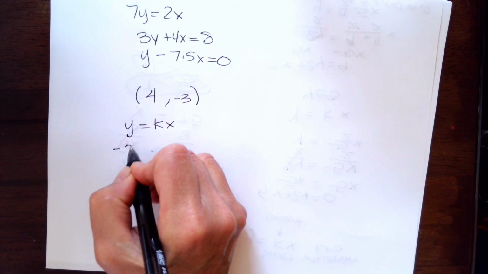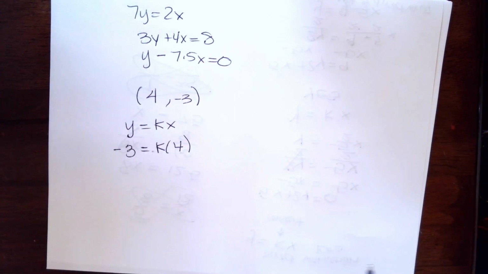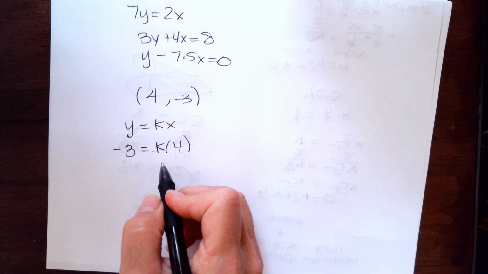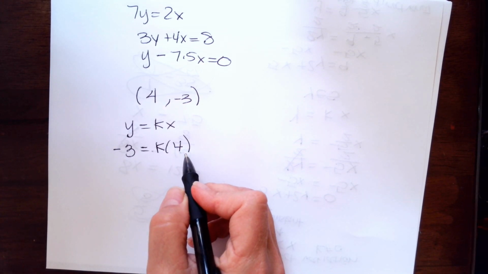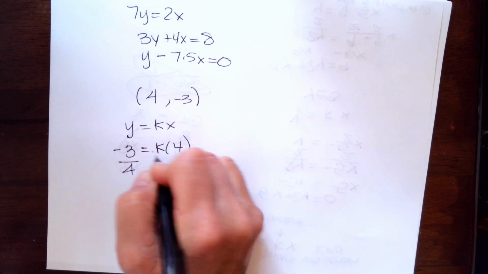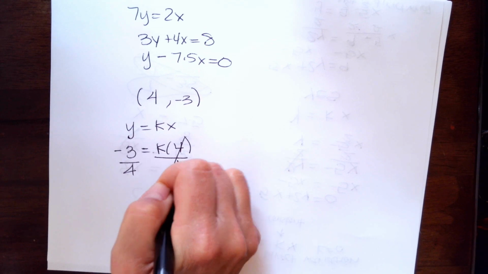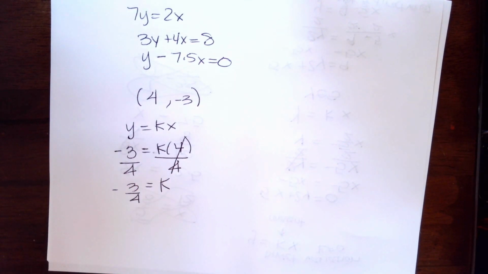So this is negative 3 equals k times 4. And now this is multiplying, so how do you get this over here? You divide. k equals negative 3/4.